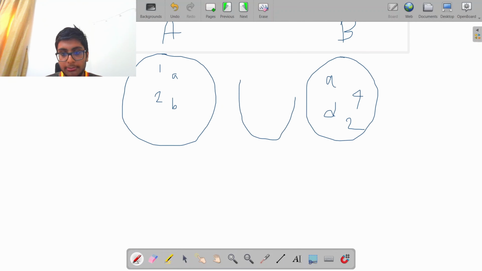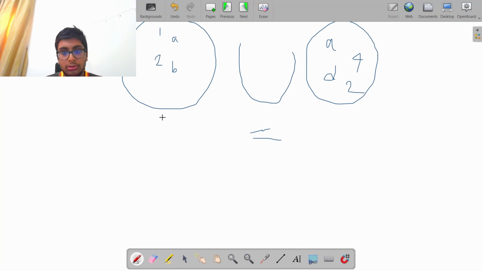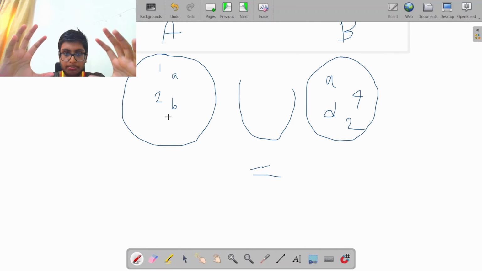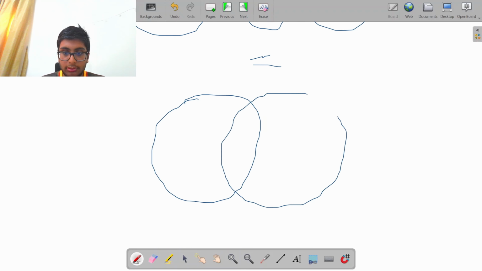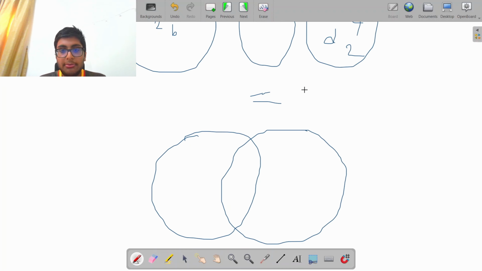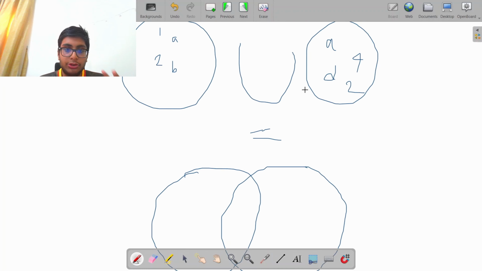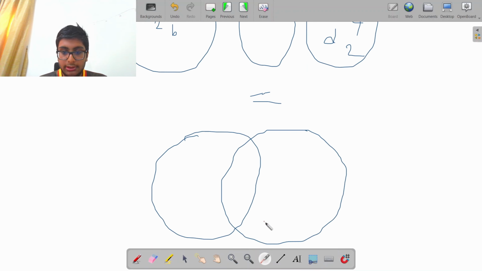Then when I union them, the final result will be that these two big circles merge together, and all the common elements that are merging together as one and forming a unique combination will come in the middle in this small square. I mean, not square, in this ellipse.